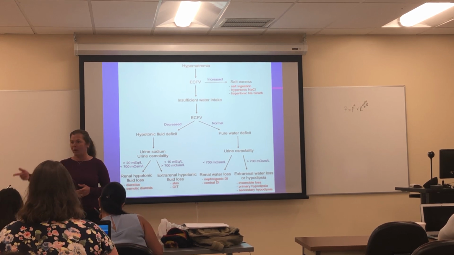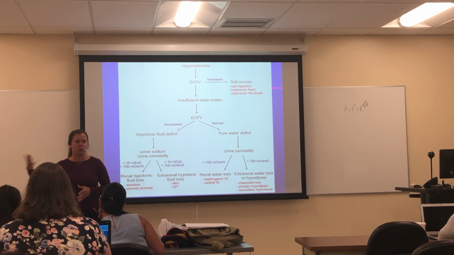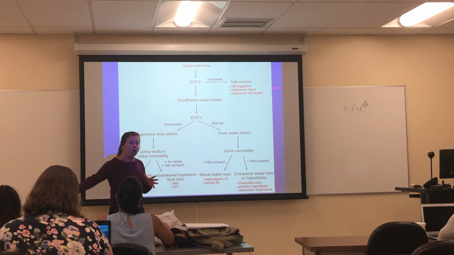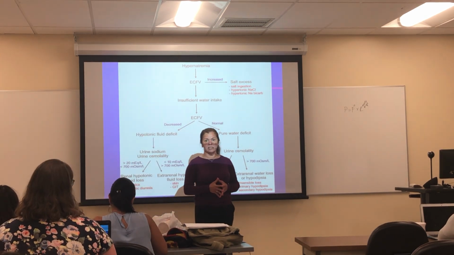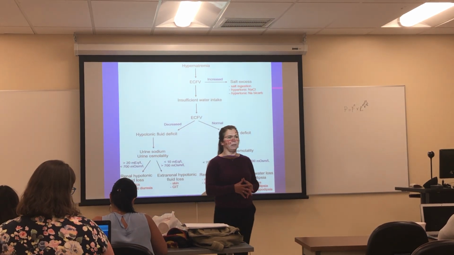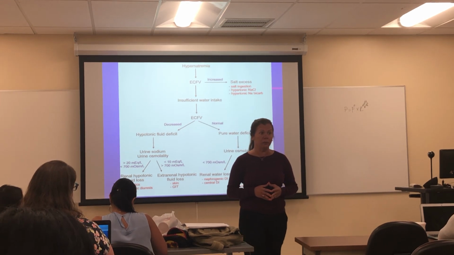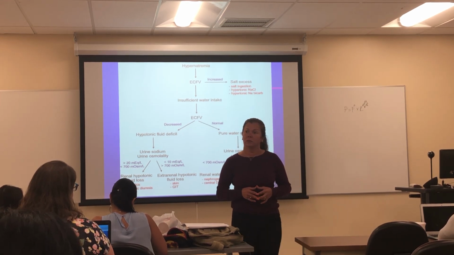What is it? My vomiting, my diarrhea, my sweating. If my patient has no dehydration signs, and you see my patient uremic, could it be that you're not drinking enough fluid? Or could it be DI?